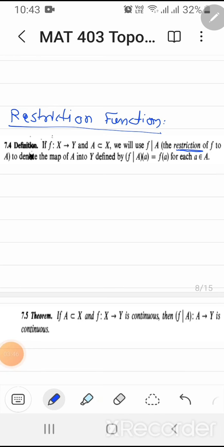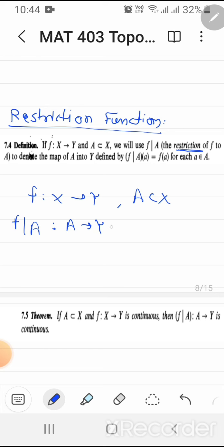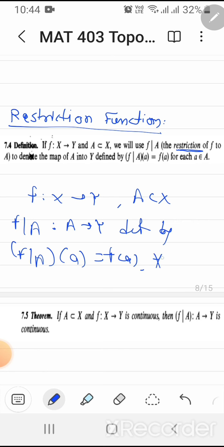Now the next definition is the restriction function. If we have a function f from X to Y and A is a subset of X, then f restricted to A from A to Y is the restriction function, defined by f restricted to A of a equals f of a for each a belongs to A. This is the definition of the restriction function.